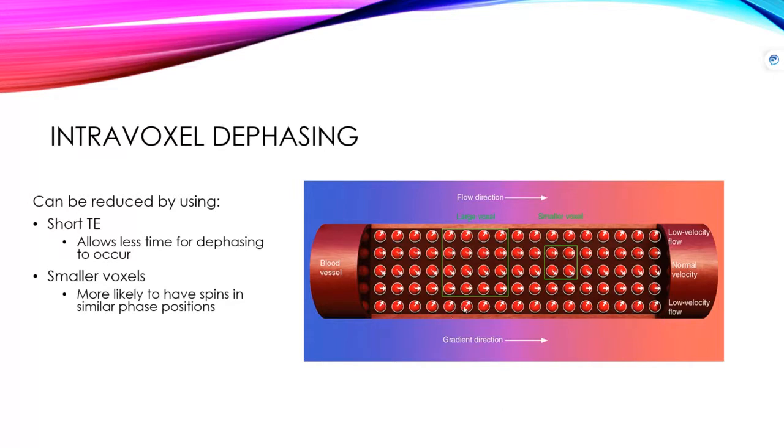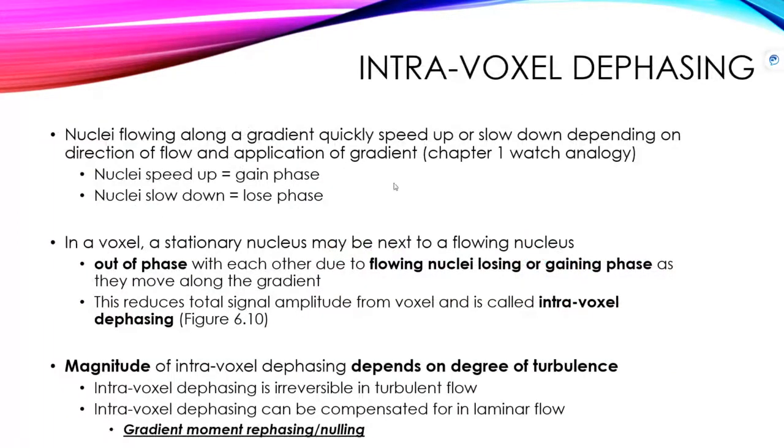So that's really all intravoxel dephasing is. We run the risk of having it based on the direction of flow, the gradients we're applying, and what kind of flow is happening in the vessel, whether it's laminar, vortex, or turbulent. That's also going to determine how much dephasing we have. In turbulent flow, we cannot reverse intravoxel dephasing. There's nothing we can do to compensate for it.